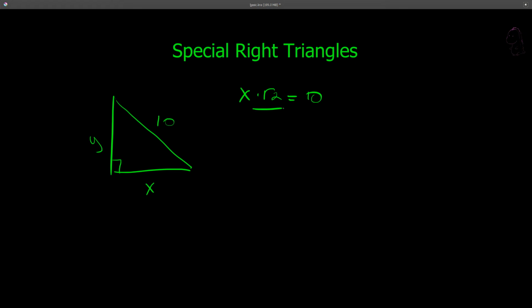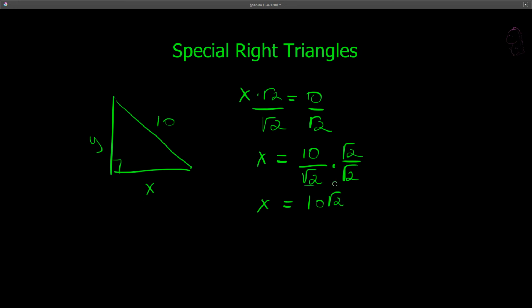If I want x, I have to divide by radical 2. So x comes out to be 10 over radical 2. And if you remember, we can't have a radical at the bottom, so we rationalize that by multiplying radical 2 on top and bottom. So that gives you x is equal to 10 times radical 2, which is 10 radical 2.